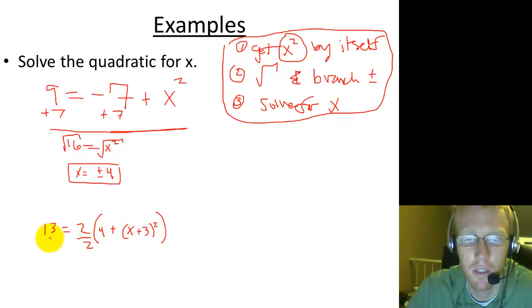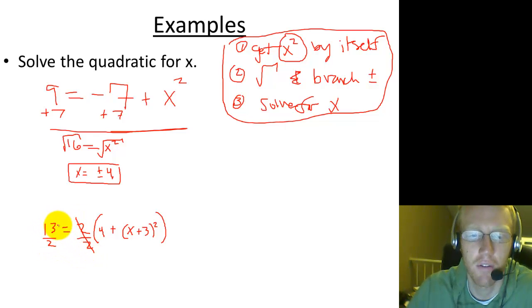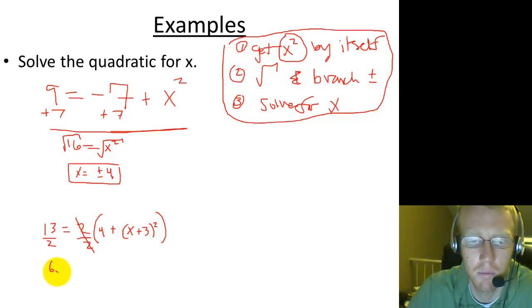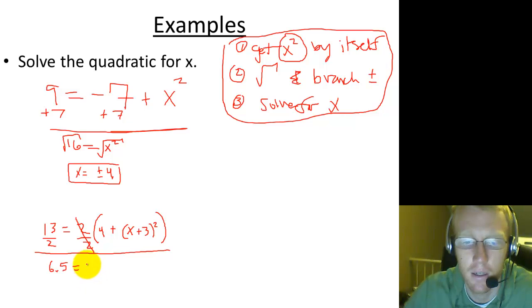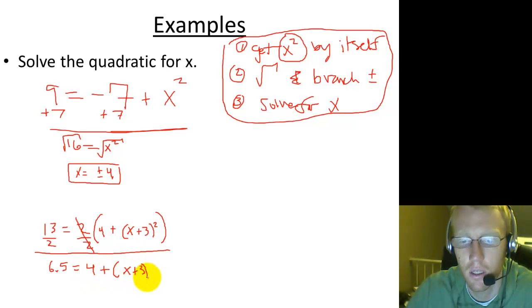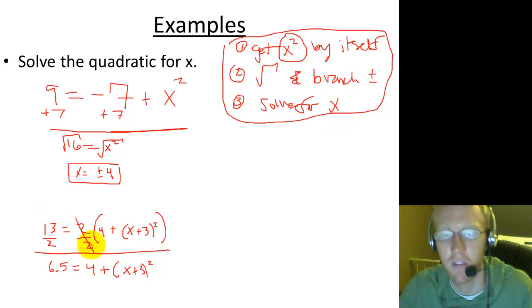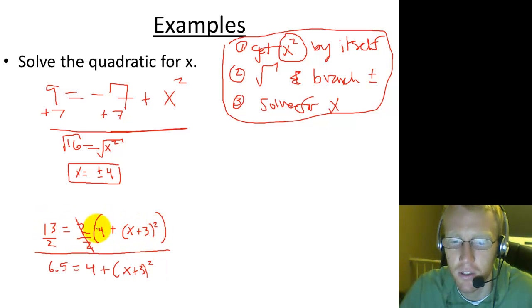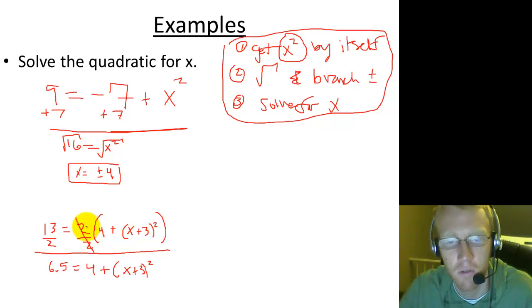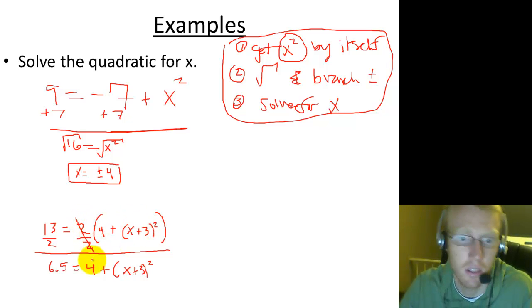So divide both sides by 2, that's going to cancel. Here we're going to have 13 over 2, which is 6.5 equals 4 plus x plus 3 squared. Notice that when I divided by 2, I didn't divide the inside stuff by 2 because I had a 2 outside, and 2 over 2 cancels, so nothing goes into the inside.